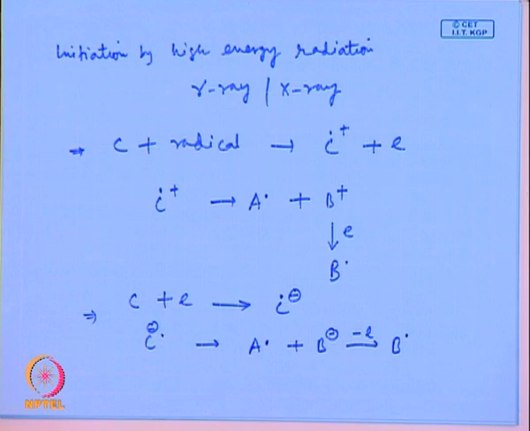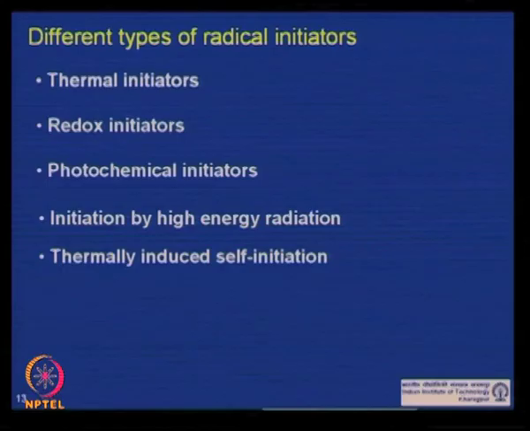The other type of initiation is the thermally induced self initiation. That means the monomer itself on thermal heating can generate radicals, but this is not a very common way of generating radicals.